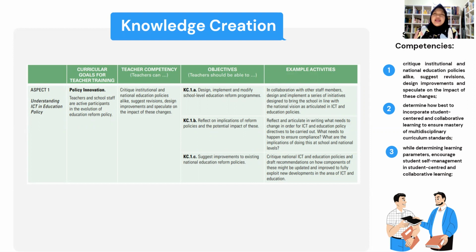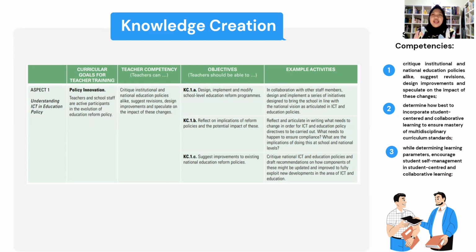The activity that can be done by the teachers is, in collaboration with other staff members, design and implement a series of initiatives designed to bring the school in line with the national vision as articulated in ICT and education policies.